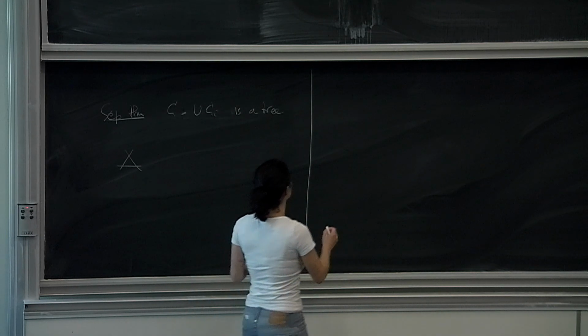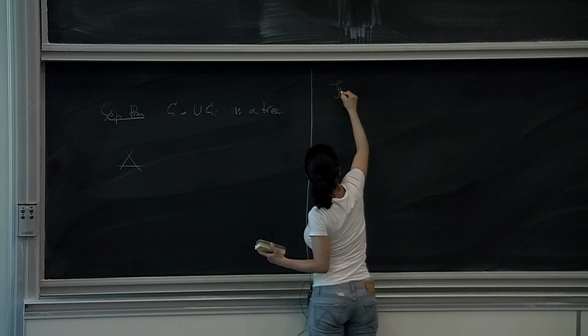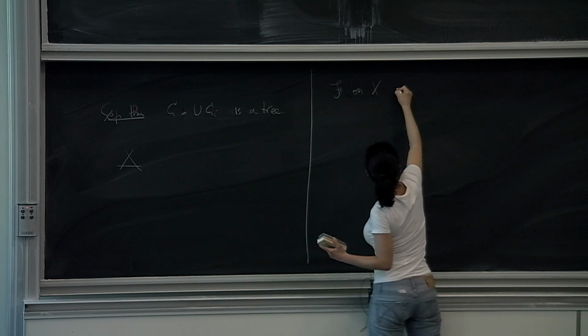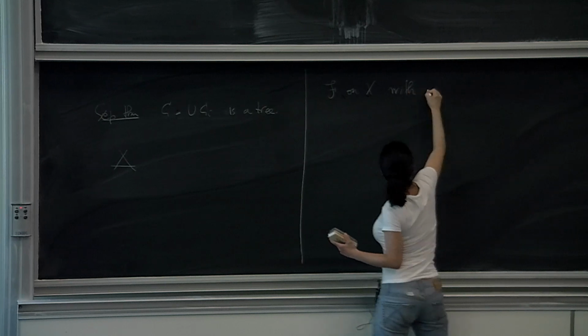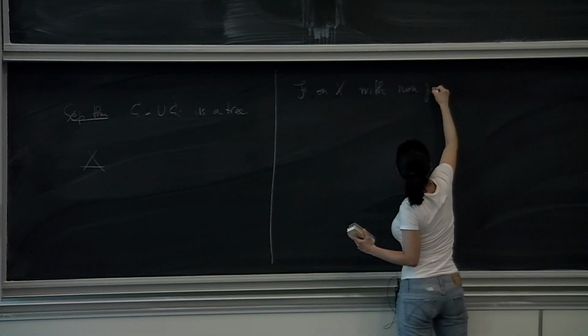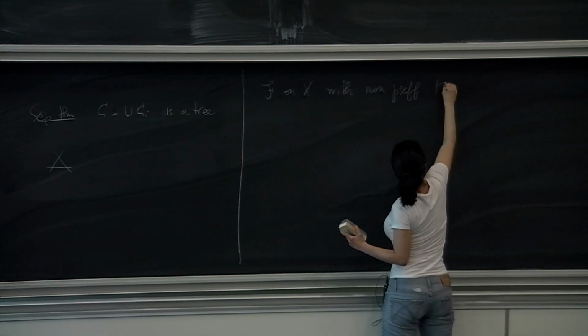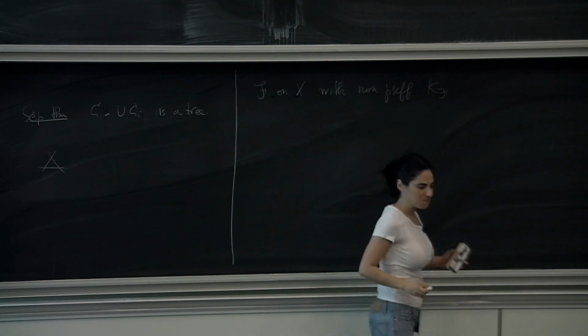Today I would like to talk about foliations on X with non-pseudo-effective canonical bundle.